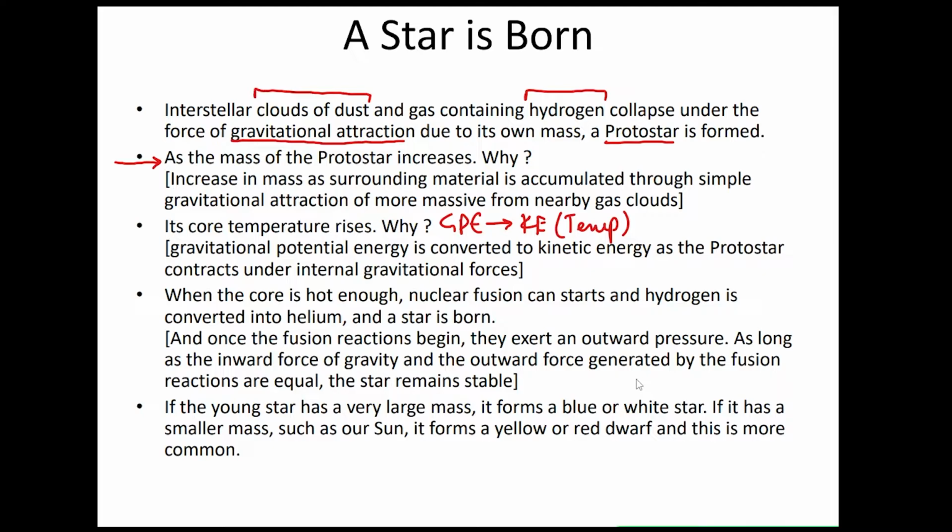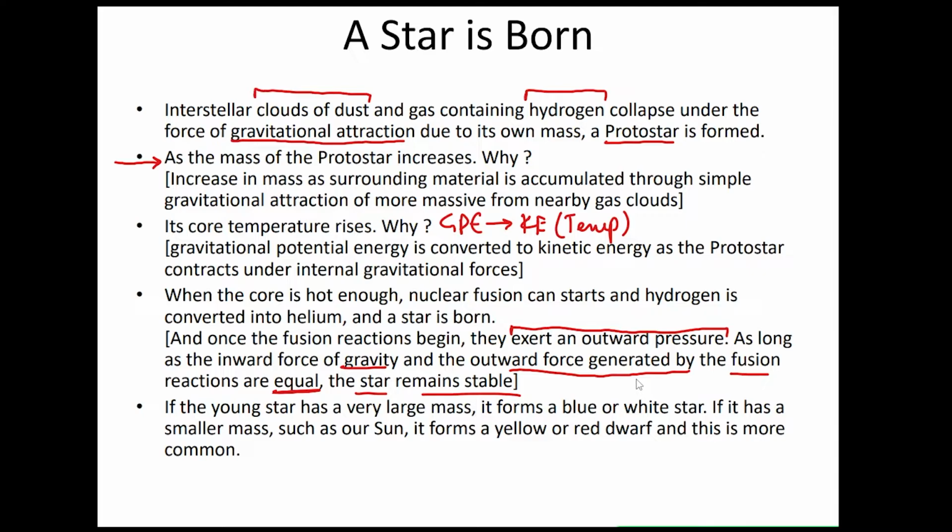But right now, this is not good enough for the birth of a star, at least to maintain its life cycle. What has to happen is that once the fusion reaction begins, it exerts an outward pressure, and as long as the inward force of gravity and the outward pressure force generated by the fusion are equal, or in equilibrium, the star remains stable.